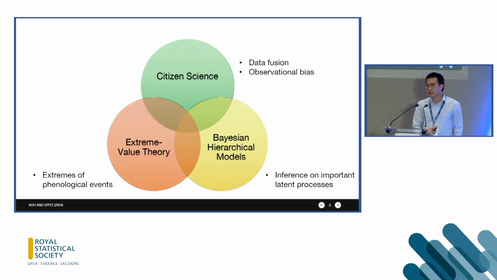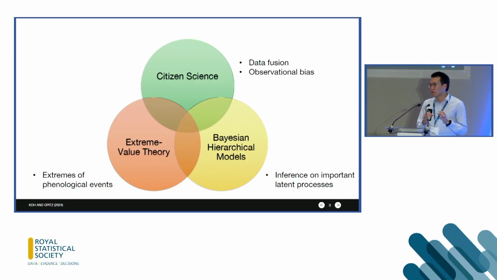The second theme is extreme value theory, where we invoke this theory to infer about extremes of phenological events. In our case, we're looking at ecological sciences, and it's really on the first arrival of a migratory bird. All of this is nested in the Bayesian hierarchical modeling framework.